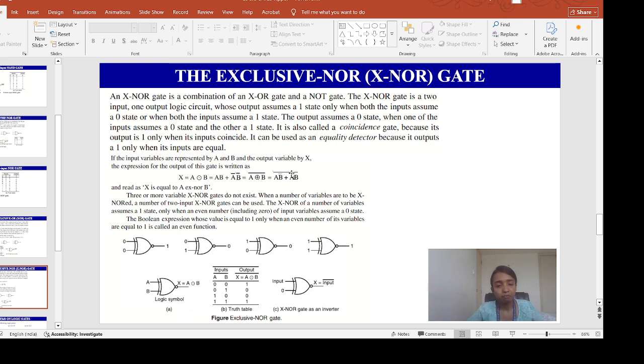Okay, and this is the truth table of the XNOR gate. In the XOR gate, what we have seen is, when my inputs are the same, output will be 0, and when the inputs are different, output will be 1. So here, we have to consider the exact opposite condition. When the inputs are the same, output will be 1. When inputs are different, output will be 0. Okay. So this is the general expression X equals A XNOR B.